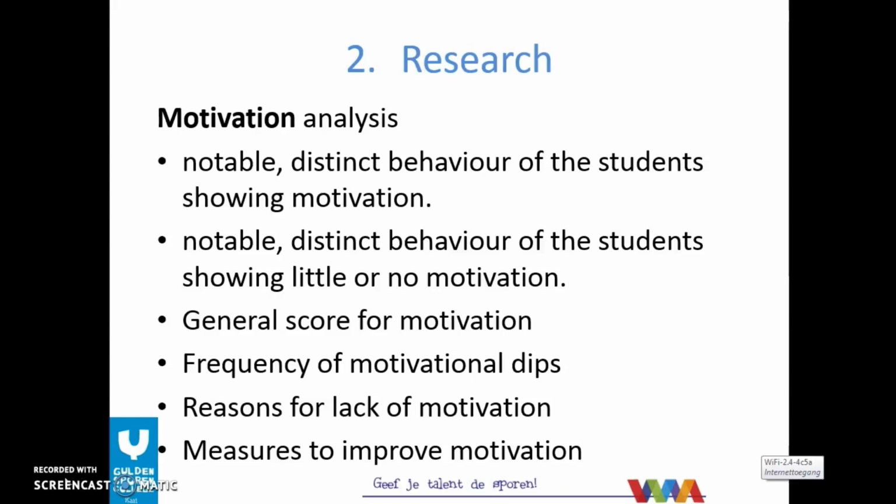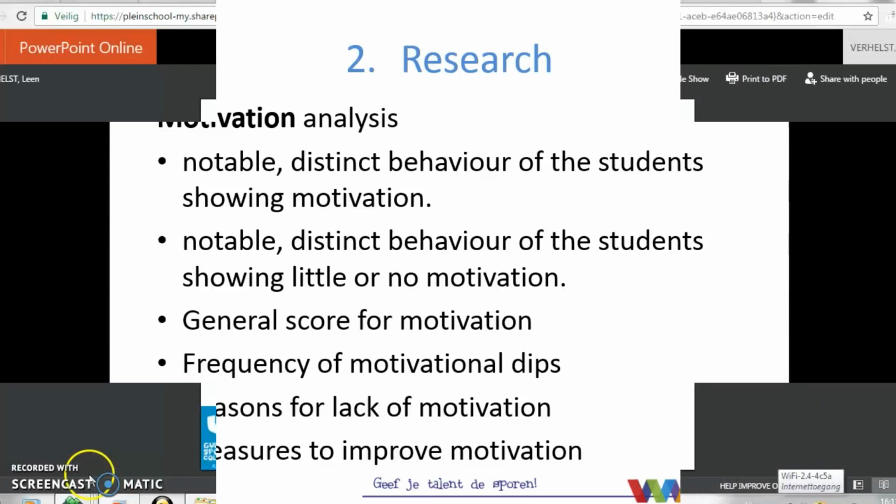We asked them to give a general score for motivation, to try to define the frequency of motivational dips, to find reasons for the lack of motivation, and to note down some measures to improve motivation.